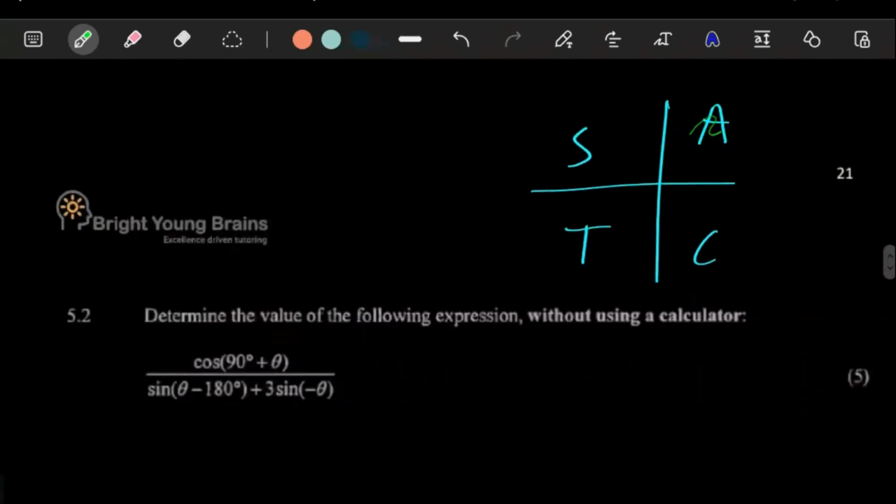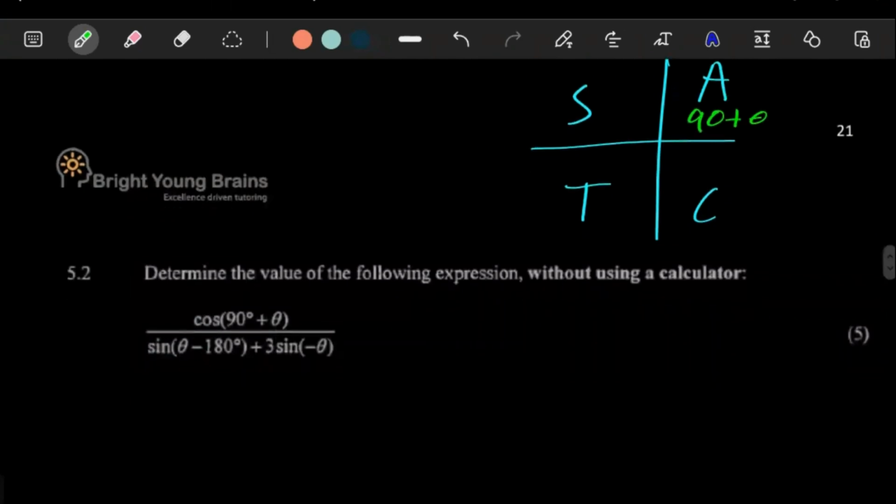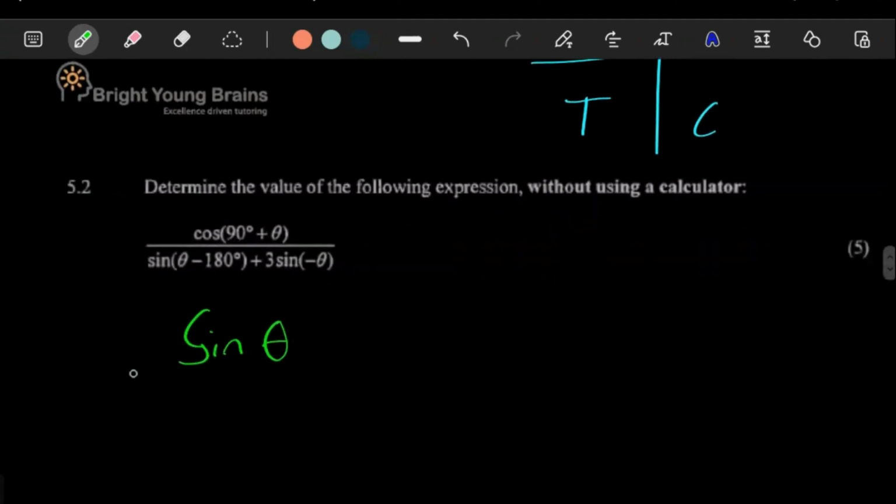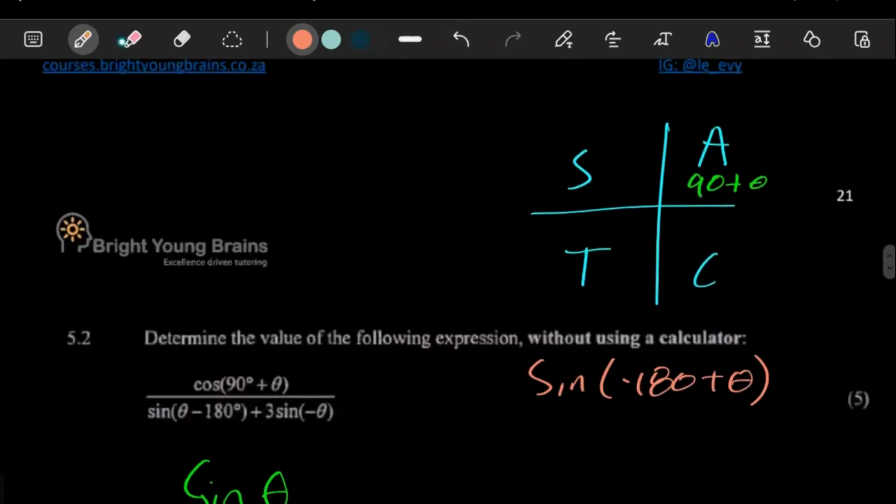So cos of 90 plus theta is in this quadrant. Everything is positive, so it's going to be sine theta, because if it's a 90, it changes to a sine. When you have theta minus 180, what I normally do is swap these around: negative 180 plus theta. If you're dealing with a minus, you have to go clockwise.